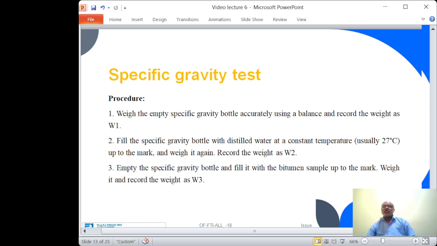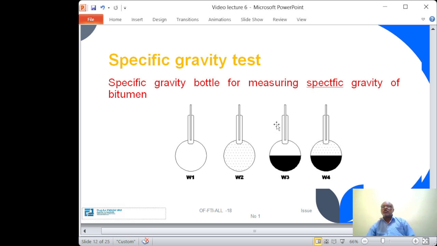Third, empty the specific gravity bottle and fill it with the bitumen sample up to the mark, weigh it, and record the weight as W3. This is the weight recorded as W3.